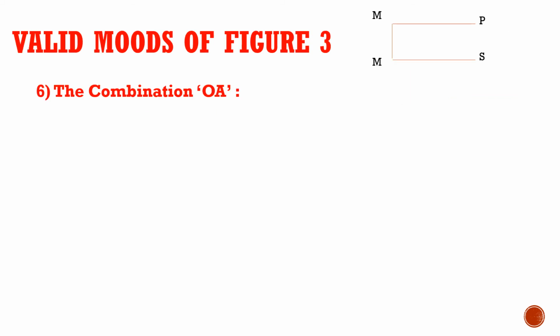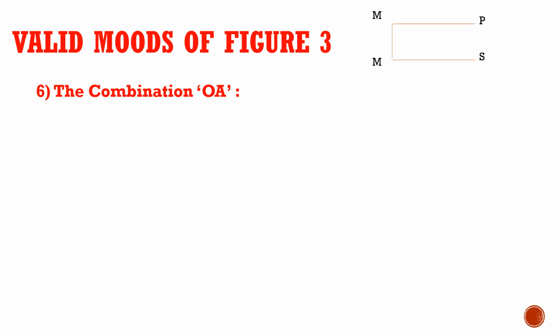Now we will learn the valid mood of figure 3, combination 6, that is the combination of OA. You can see that the major premise here is a particular proposition, and as per the rule of figure 3, obviously the conclusion has to be particular, but it is also negative.